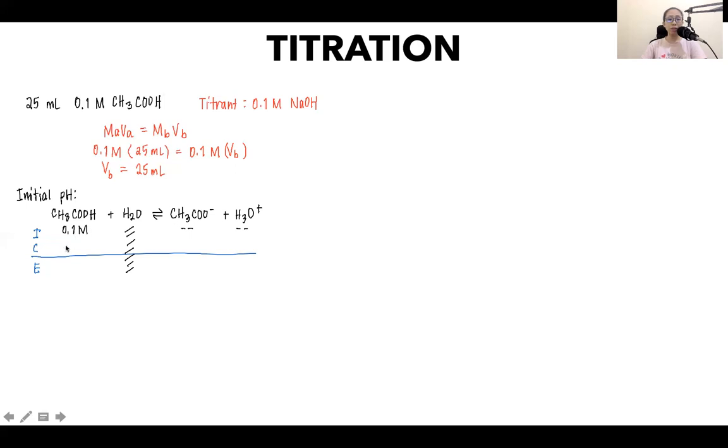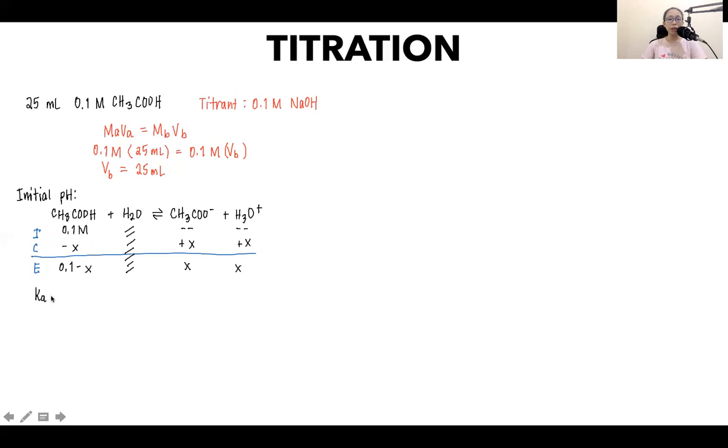Then dissociation takes place, so the concentration of acetic acid will decrease by a certain value, and the concentration of acetate and hydronium ions will increase by the same value. So at equilibrium, we have 0.1 minus X for acetic acid, X for acetate, and X for hydronium ion.